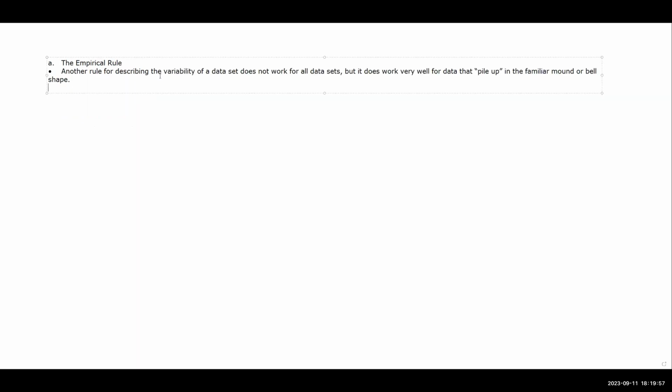It's another rule describing the variability of the data set and does not work for all data sets. It only works if the data is, quote unquote, piled up, or are familiar mound-shaped or bell-shaped. So this one will only work if your data looks kind of like this. Okay.